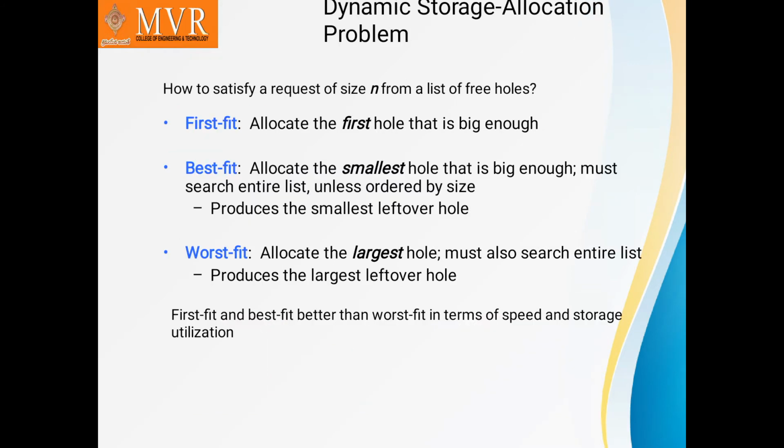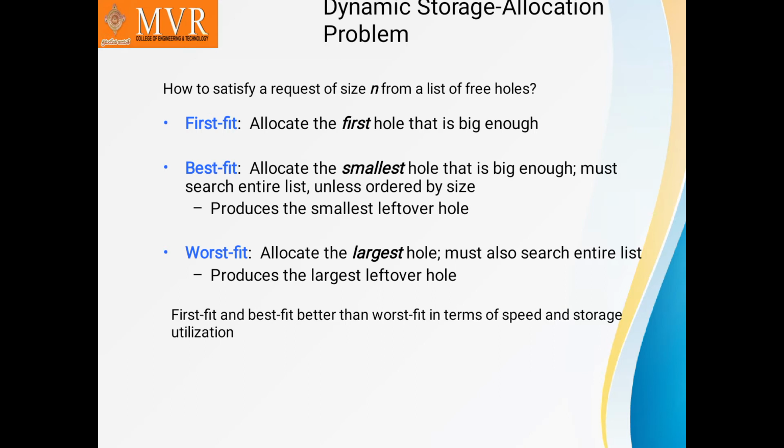Dynamic storage allocation problem: how to satisfy a request of size n from a list of free holes. We can solve the dynamic storage allocation problem by using three strategies, that is first fit, best fit and worst fit. First fit means to allocate the first hole that is big enough.